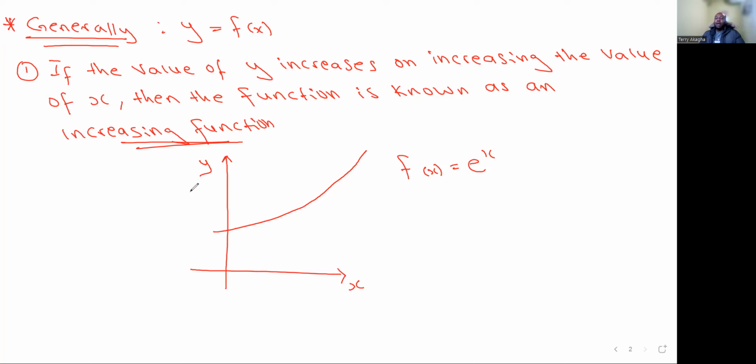Now, the opposite is what we call the decreasing function. For a decreasing function, the value of y decreases when you increase the value of x. So it's the opposite here.